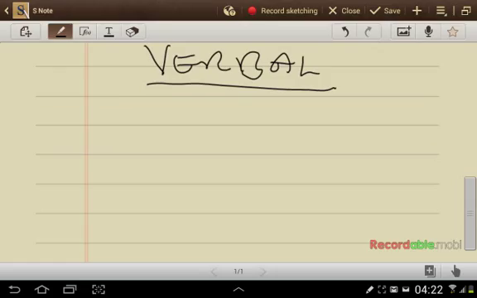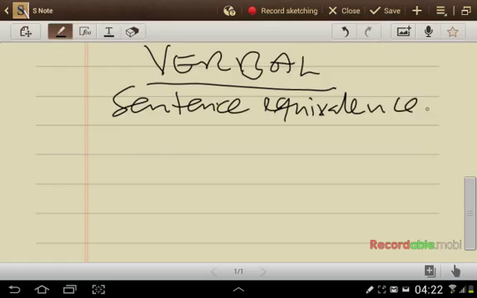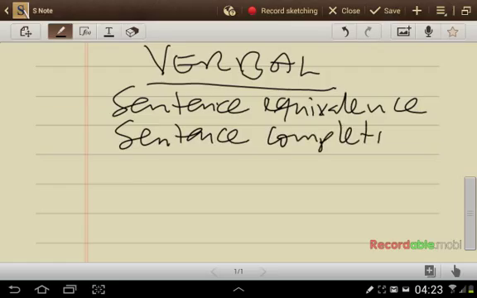We have sentence equivalence, sentence completion, and then comprehension.